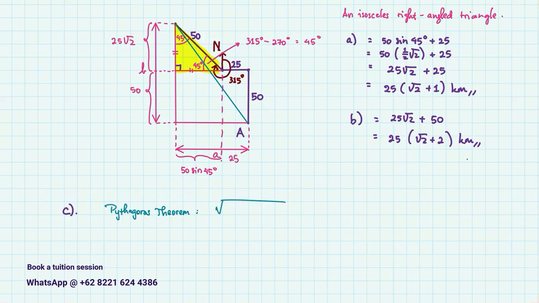It's just the square root of 25 square root of 2 plus 25, squared, plus 25 square root of 2 plus 50, squared. If we just calculate this approximately, rounded off to three significant figures, that's going to be 105 kilometers.